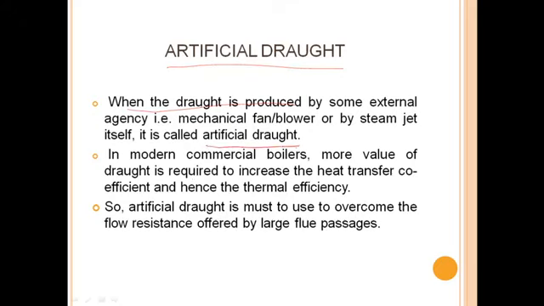In modern commercial boilers, a higher value of draught is required to increase the heat transfer coefficient and hence the thermal efficiency. So, artificial draught is a must to overcome the flow resistance offered by large flue passages.